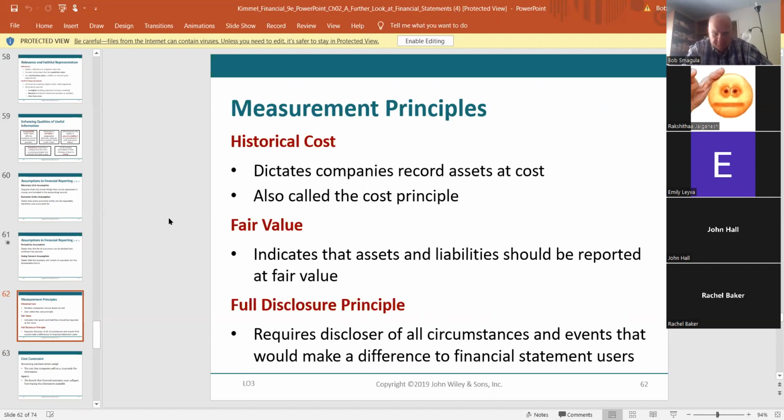Fair value. Full disclosure. You must disclose all circumstances and events that would make a difference to financial statement users. You know what would be a good example of that? A pending lawsuit. Someone is suing this company for millions and millions of dollars, and you get together with your lawyers, and the lawyers come to a consensus that, scenario A, they got us by the chops.